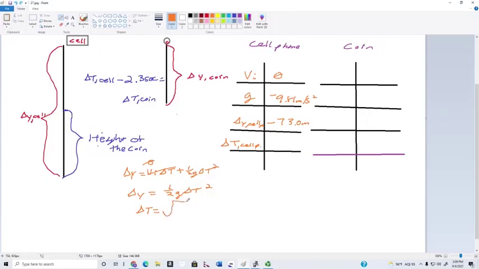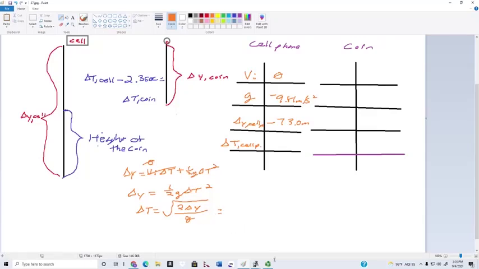the square root of 2 delta y over g, with the entire thing in parentheses under the square root symbol. I'm doing this from home, and I've got to get used to where my tablet is. Let's do the math.